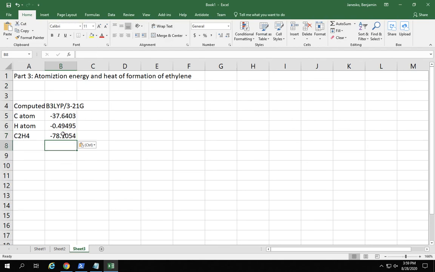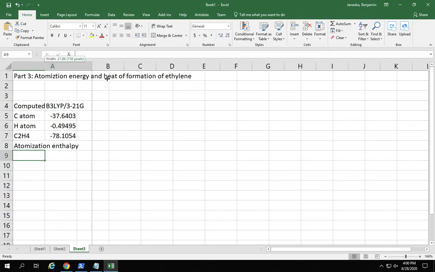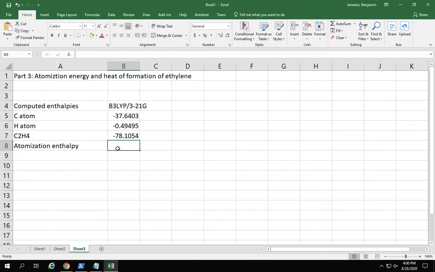And now I get to compute the atomization enthalpy, which I'm going to convert to kilojoules per mole.